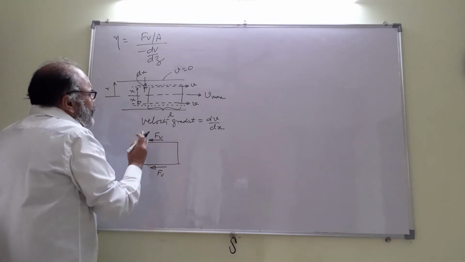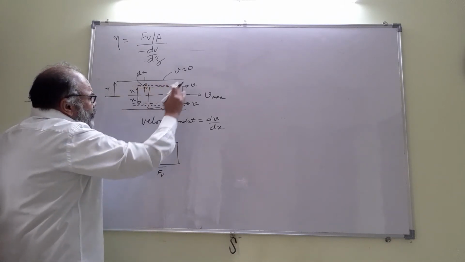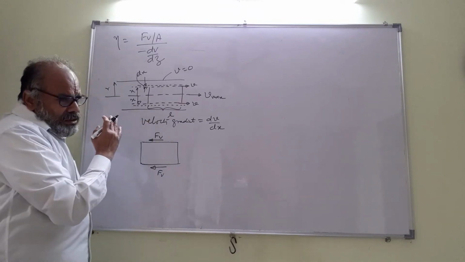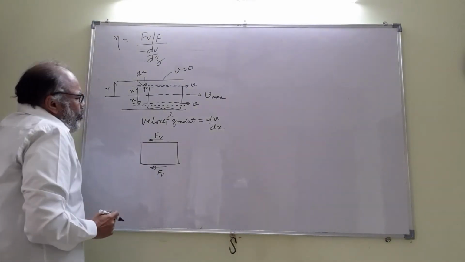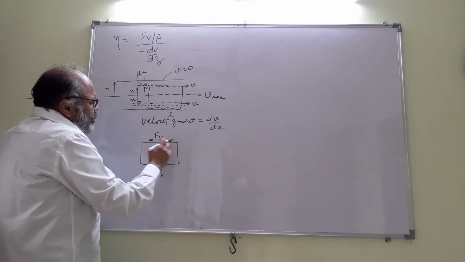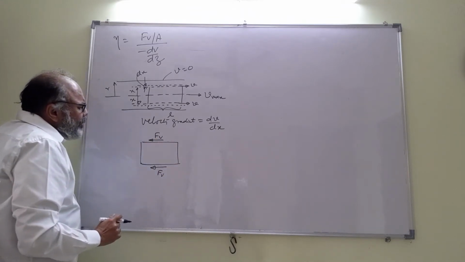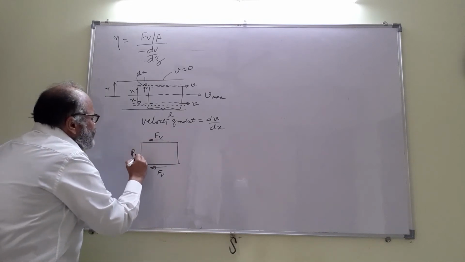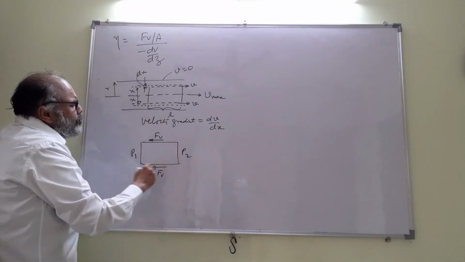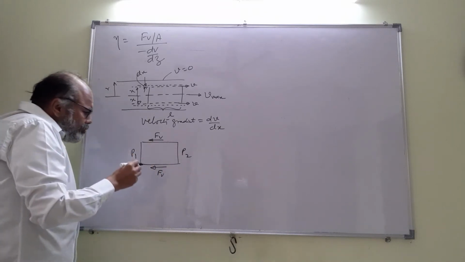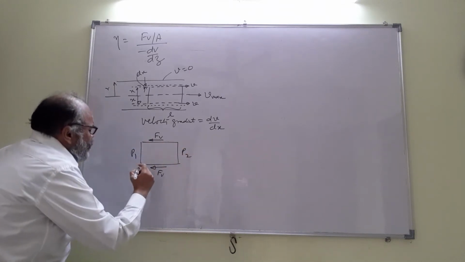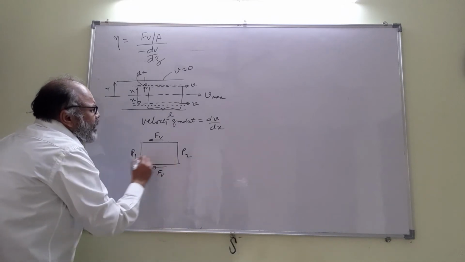So now we are assuming that the whole liquid which is here is in a steady state, a steady flow or a laminar flow. So the net force on this cylindrical liquid would be 0. The pressure here is P1 and the pressure here is P2. The net force on this cylindrical liquid which is flowing towards the right should be 0, and P1 should be greater than P2.